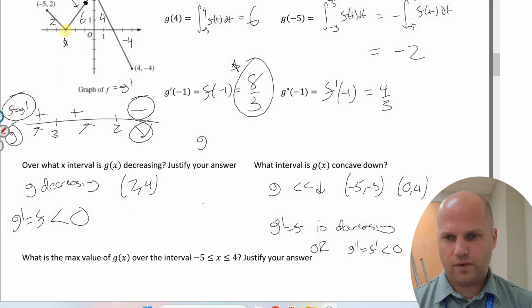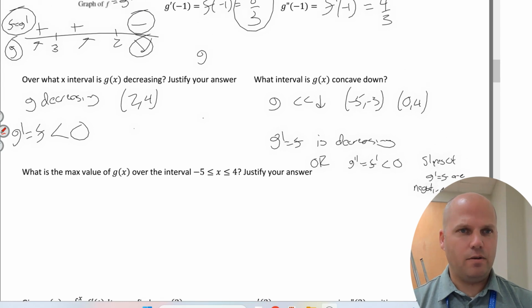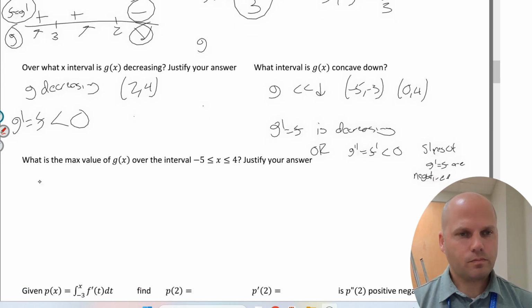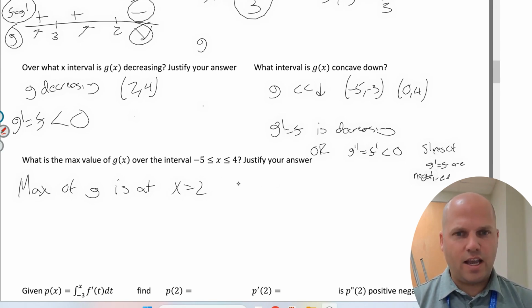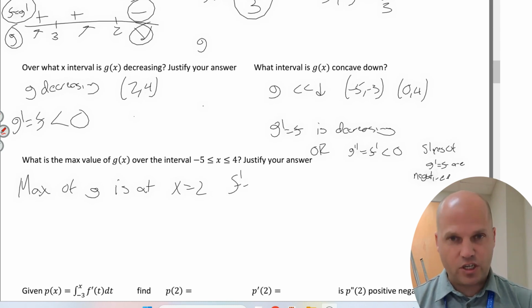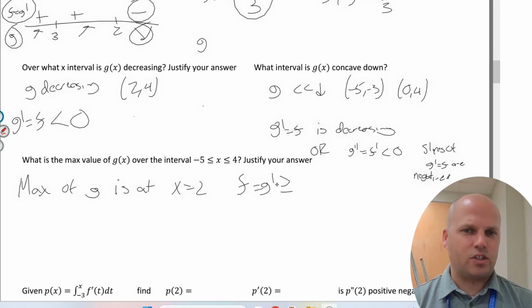Probably writing this underneath my face. Cool. Max value. Okay, boom. Max of g is at x equals 2. For sure, for sure, for sure. One little caveat is that f, which equals g prime, is greater than or equal to 0.